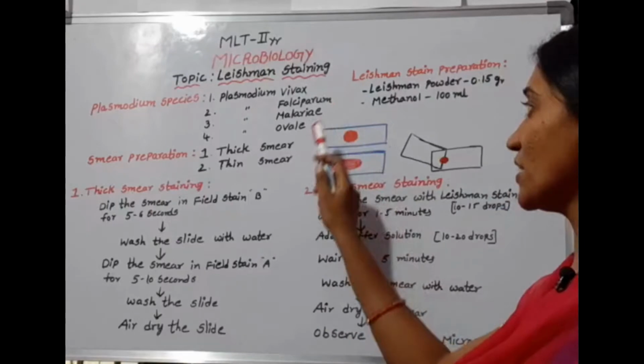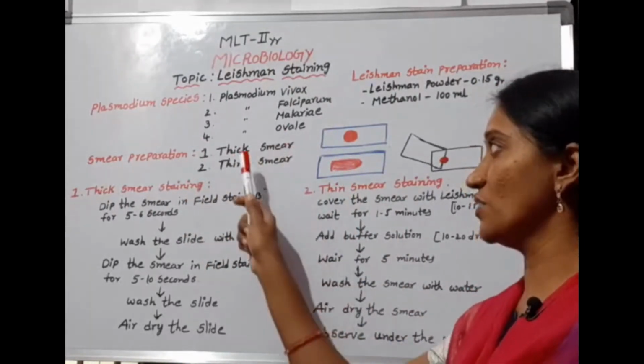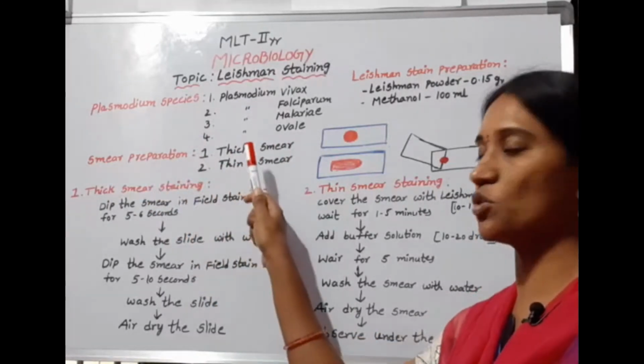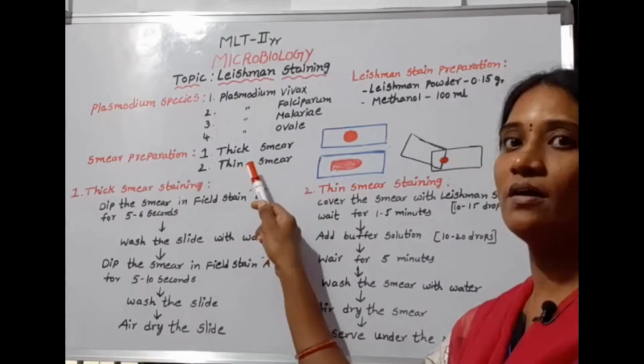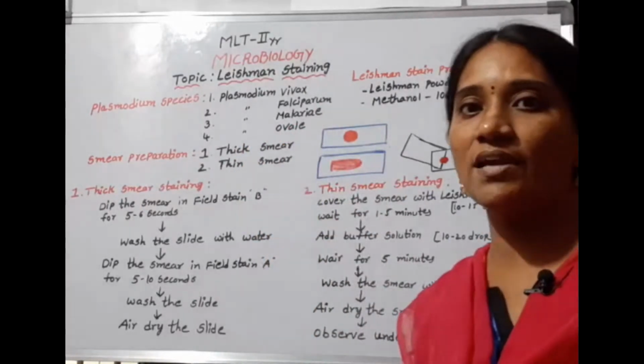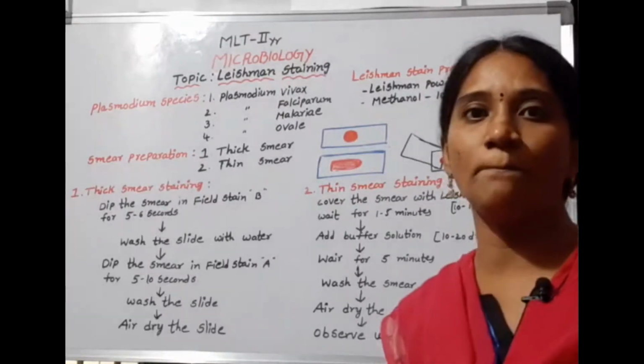For this staining technique, we use two types of smears, thick smear and thin smear. For thick smear preparation, we take a clean glass slide and collect the blood sample.